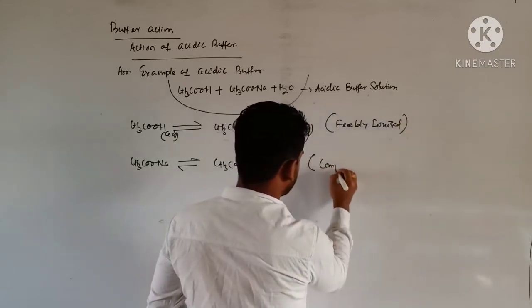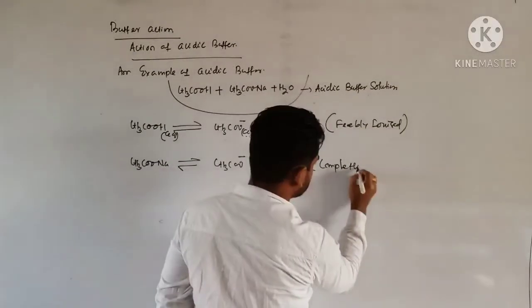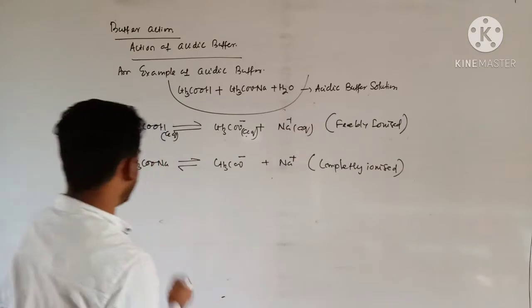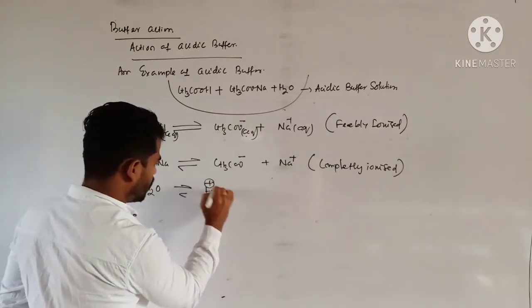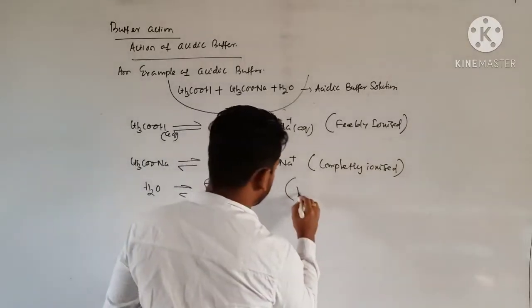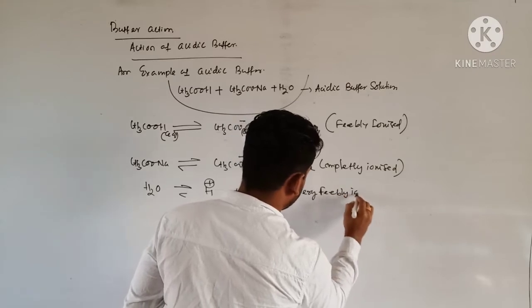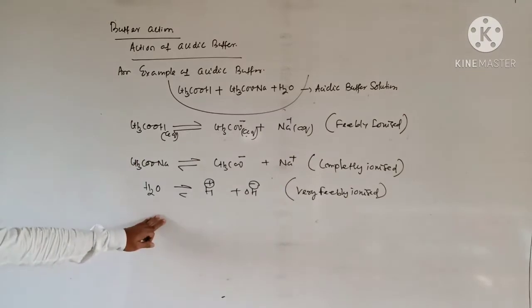This one is a salt, so it is completely ionized, a strong electrolyte. And water, H plus OH minus, is very feebly ionized, very small extent. That clear?